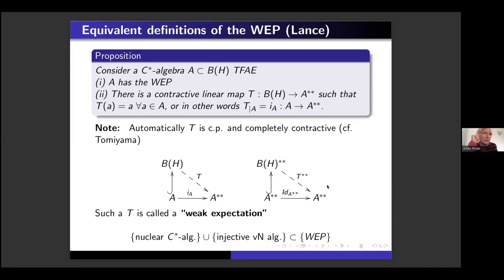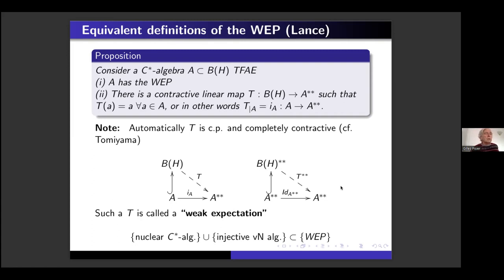But unfortunately, it has to be slightly corrected, because that's too general a class, what I just described. It has to be that the embedding of A inside the bidual must be the bitranspose of the embedding of A into B of H. If it is this embedding, then what I said, the existence of a projection onto it, is equivalent to the weak expectation property.